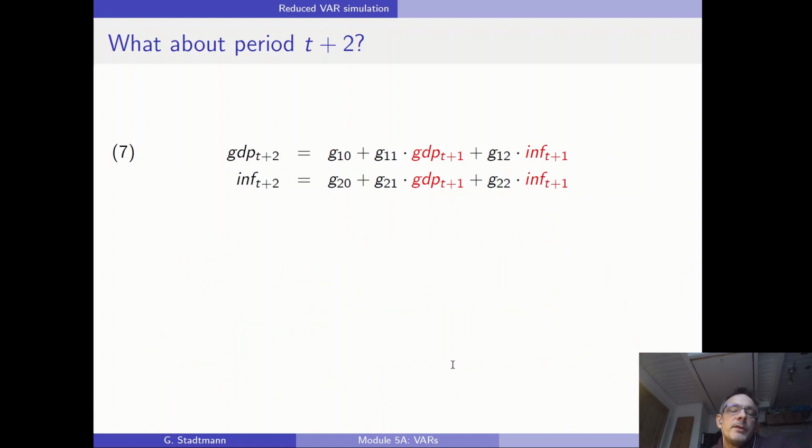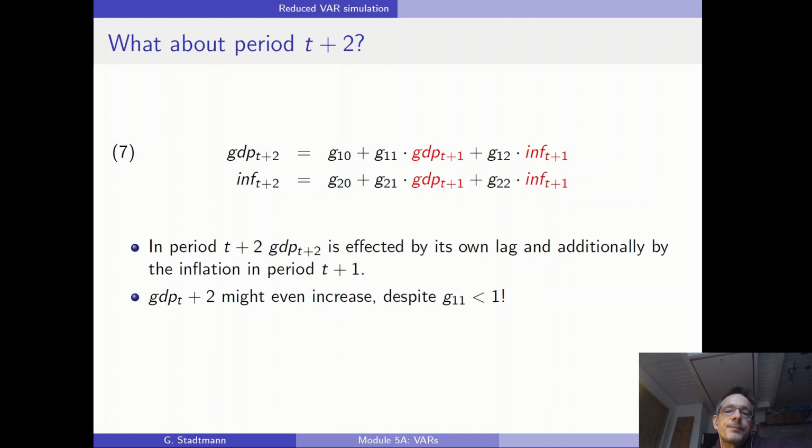What about period t plus 2? This is interesting because now GDP in period t plus 2 will be influenced by the lagged endogenous variable, GDP in t plus 1, but also the inflation rate of the previous period. Same is true for the inflation process.